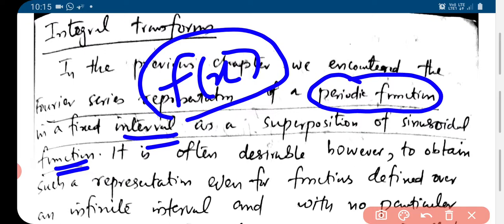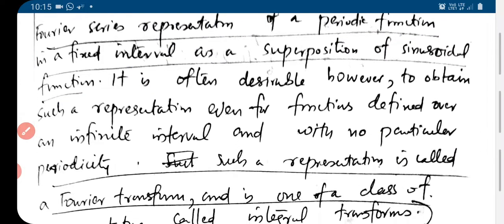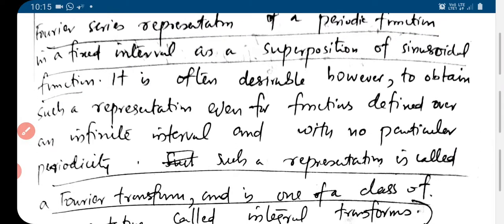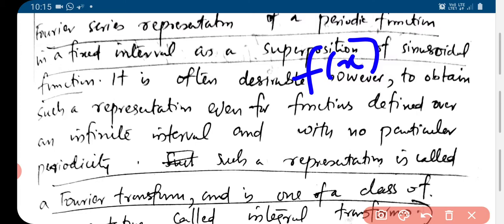But we may have functions which are defined over an infinite interval, rather than a function defined in a finite interval with a definite periodicity.